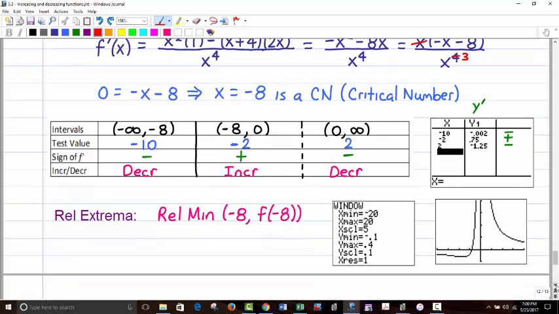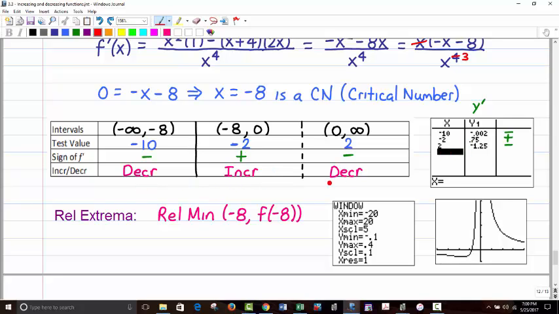Now this is a good one, because for the discontinuity, we did not have a change here. So there are my 3 intervals. I'll put in -10, less than -8, then -2, between -8 and 0, and 2, from 0 to infinity. Signs right there: negative, positive, negative.